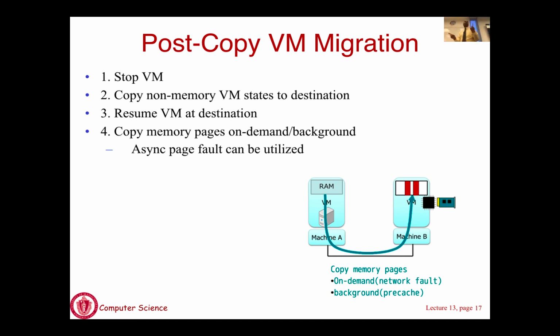The good thing is the first VM has already been suspended, so its memory is not changing anymore. So, we do not have the problem we had in the first case where processes were executing and changing their contents. You already paused it and started executing it here immediately. Here the transfer time is very low, but in the first several seconds there are going to be a lot of page faults as you try to page in your working set.